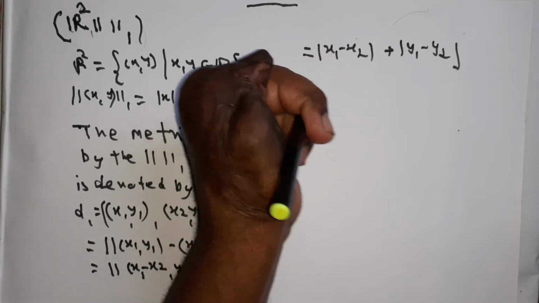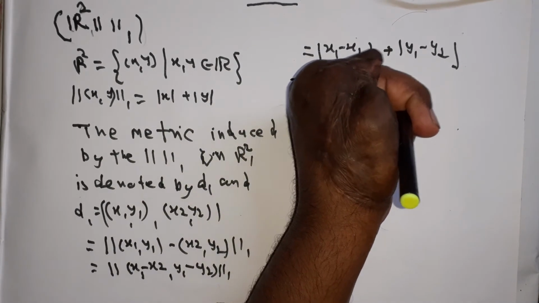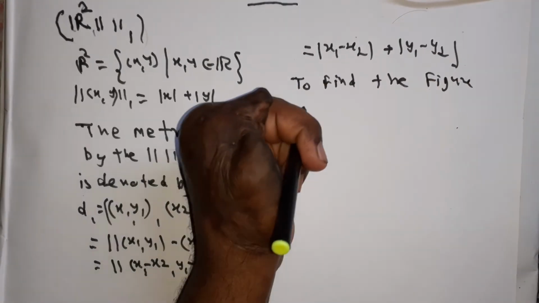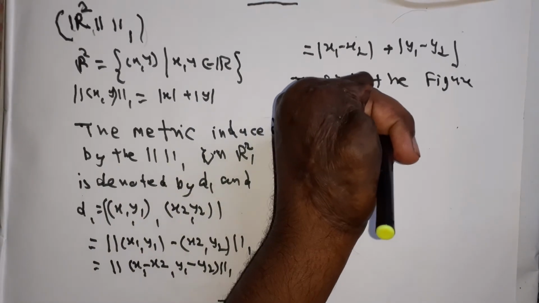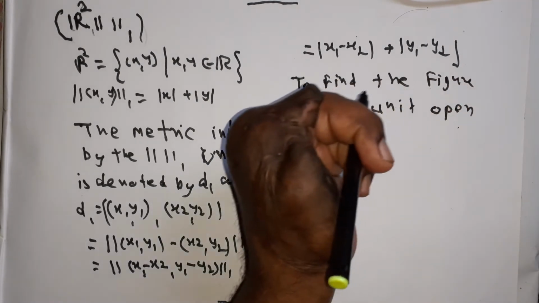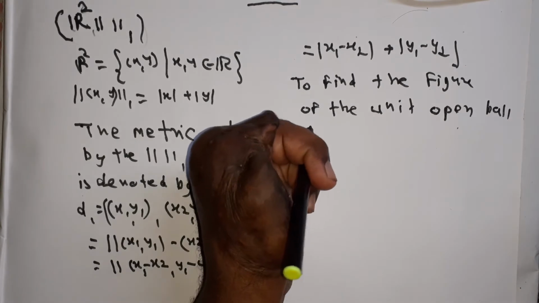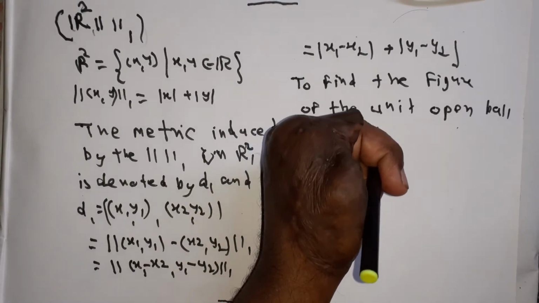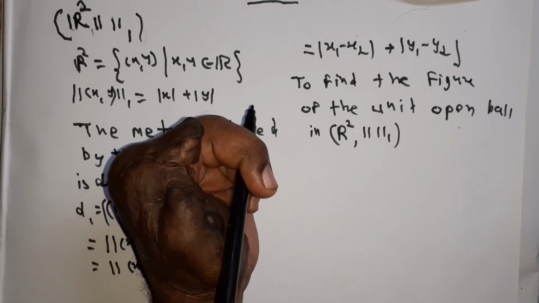Here we have to find the figure of the unit open ball in R2 with norm 1.